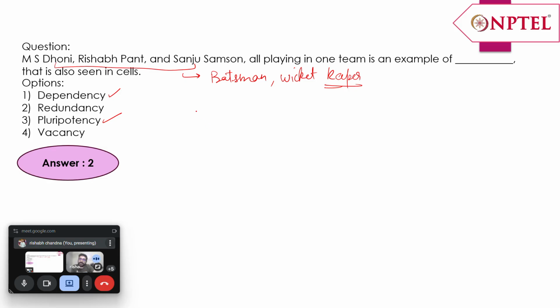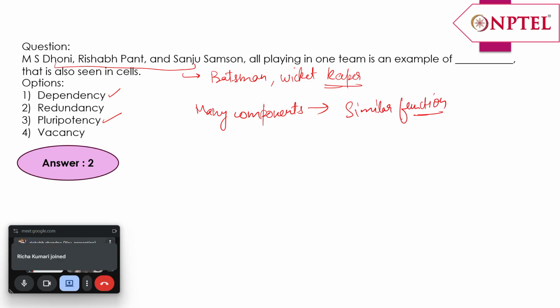Redundancy is also the same thing. There are many components that have similar function. So if one of the components is absent, the cell can still maintain its function, because the other components are present in the cell and will replace that particular component.